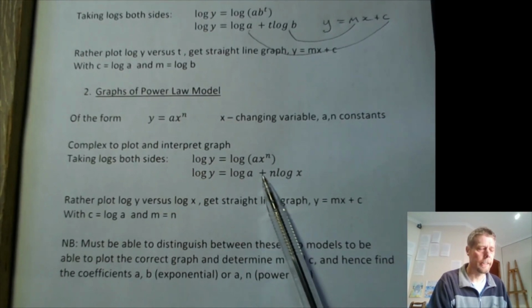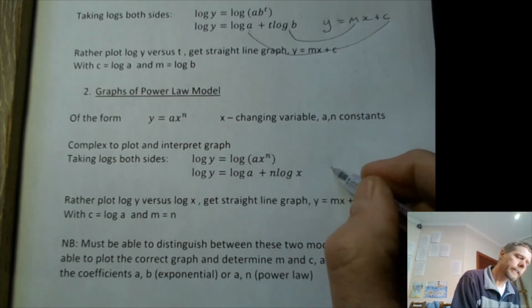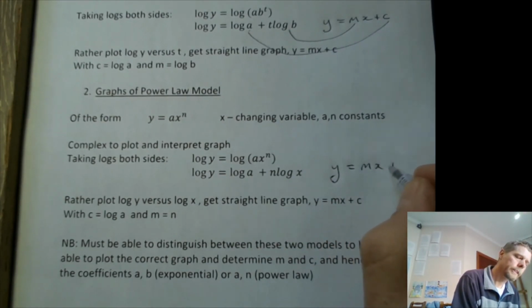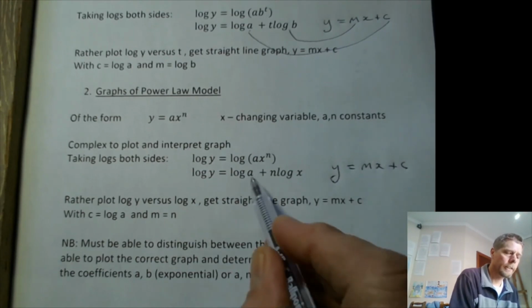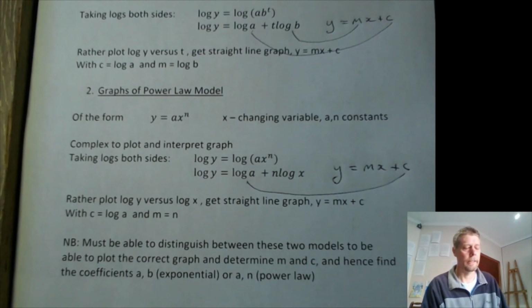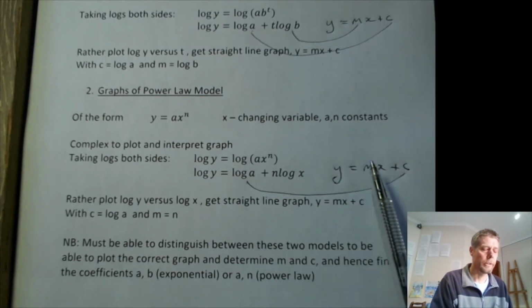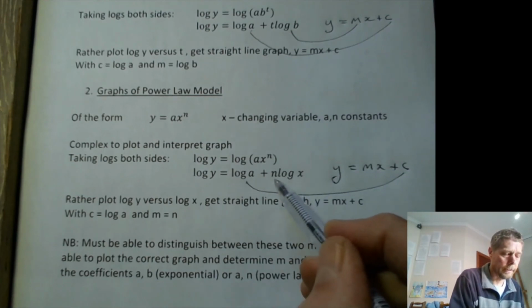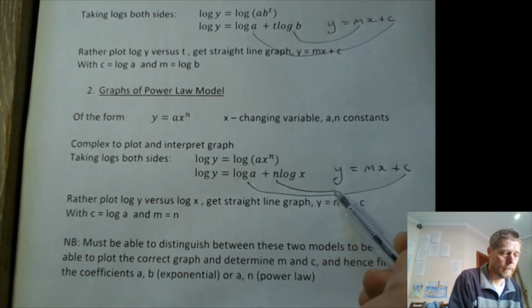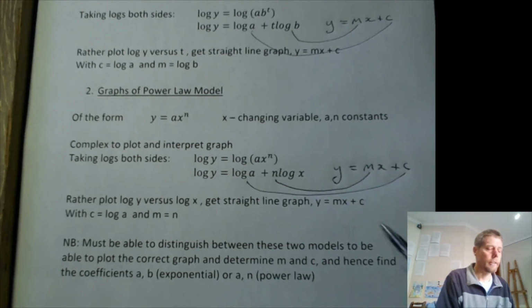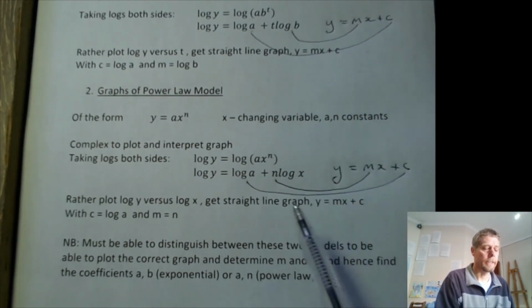Now let's look at it again. Y equals mx plus c. What is c? C, same as before, is log a. But m now is simply n. And log of x is now my x that I'm plotting.